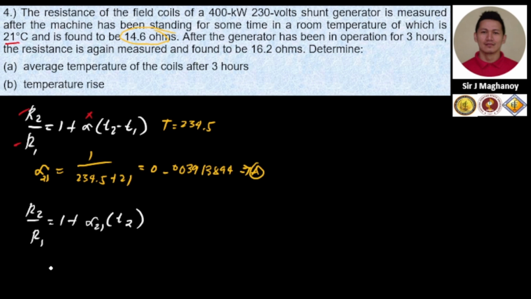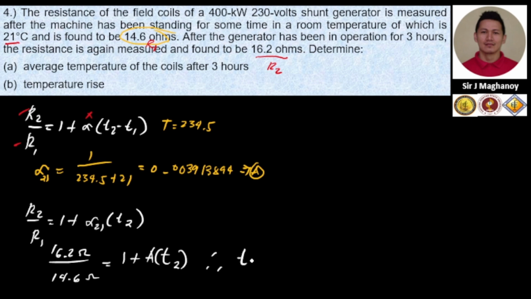Doing that, we can determine our operating temperature. So, this is your R1 and this is your R2. Okay, so substituting the given parameters, so 16.2 ohms all over the 14.6 ohms is equal to 1 plus your temperature coefficient, which I saved to alpha A, and your unknown operating temperature.